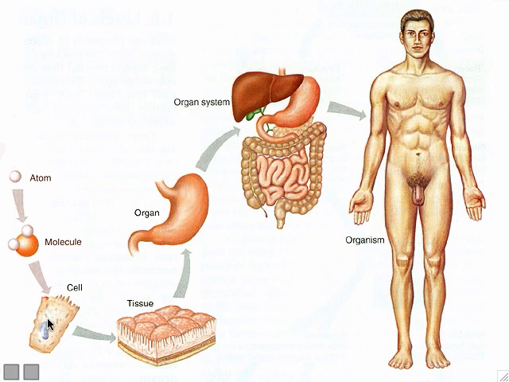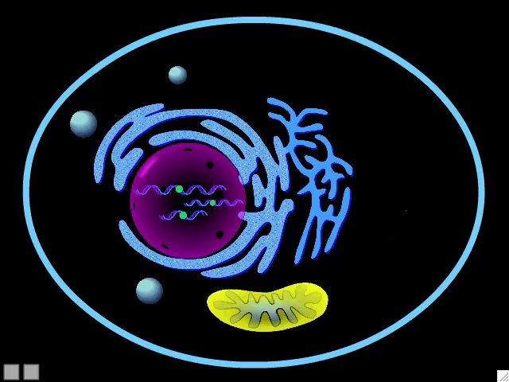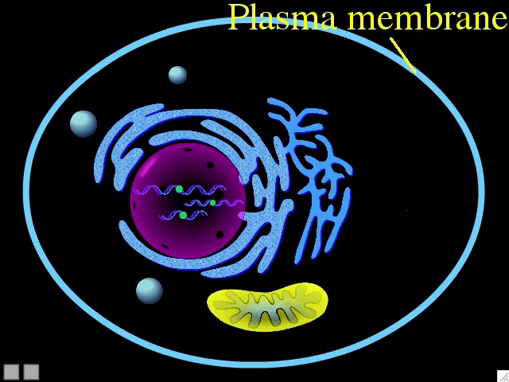Well, cells have many different organelles, but in this lecture, we're just going to cover 5 of the major organelles. And let me show a cell here. Here we go. This is my cartoon of a cell. The 5 organelles that we're going to talk about in the cell are the plasma membrane, the outer membrane of the cell.